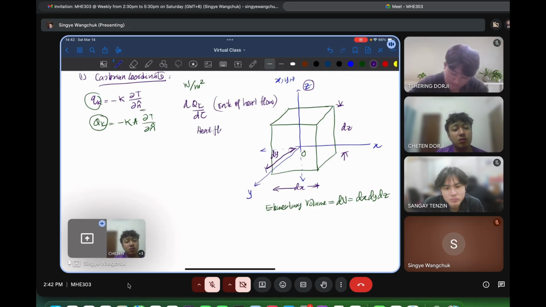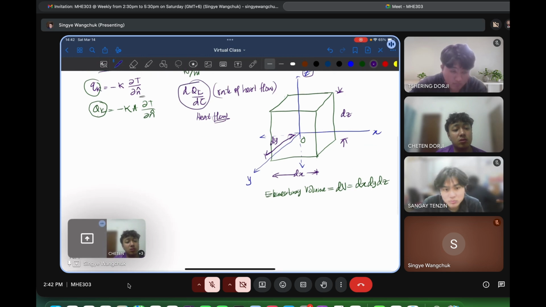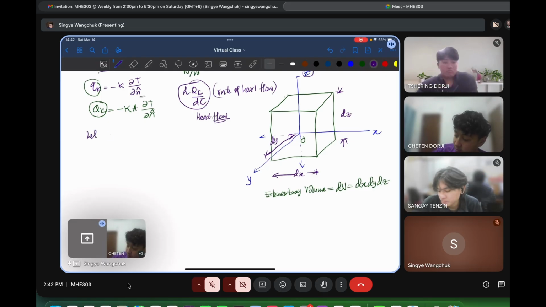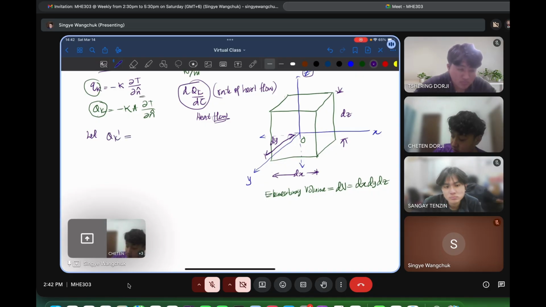So I'm defining something like q_k dash, which is heat flow, such that q_k equals q_k dash upon the area. Till this one was the rate of heat flow.